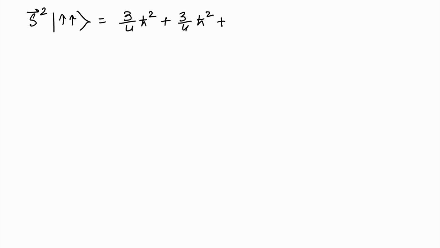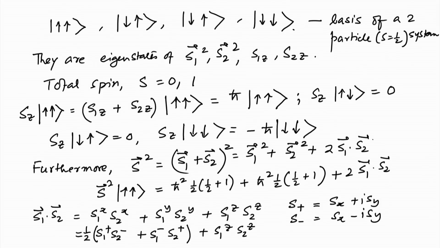Hence, what we can do is see that S square acting on up, up: we already saw that the first term gives 3/4 H cross square, and the second term gives 3/4 H cross square as well. Now, we have 2 S1 dot S2. For the up state, the raising operator gives 0 because up is the maximally aligned state.